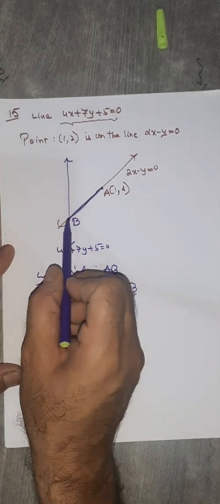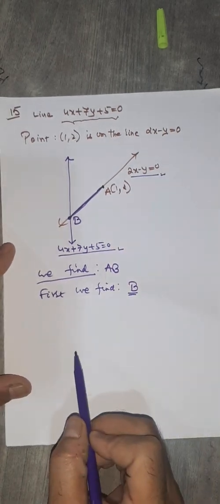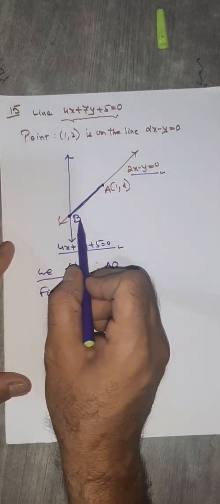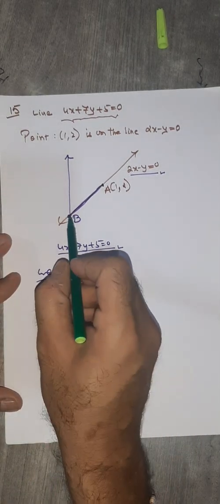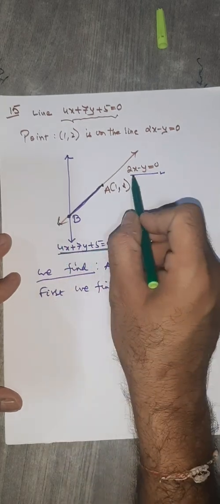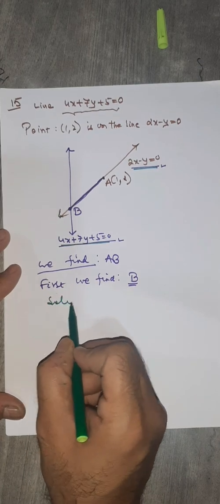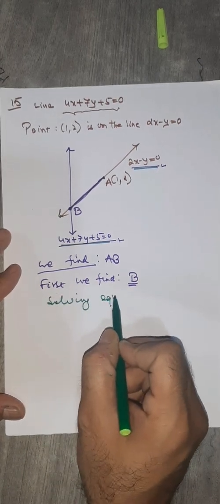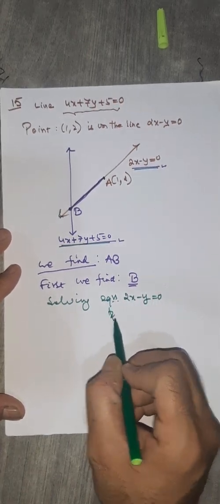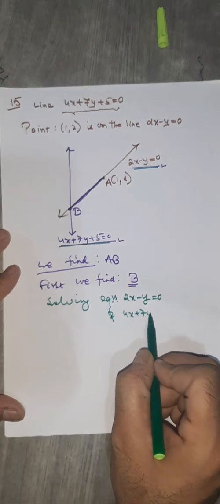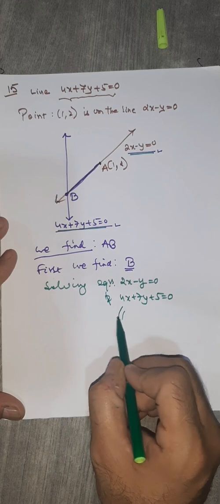You can see that B is the intersection of these two lines, this line and this line. How do we get the coordinates of B? By solving these two equations. To get the intersection of two lines, you solve the equations: 2x minus y equals 0 and 4x plus 7y plus 1 equals 0. How do you solve these two? By the elimination method.